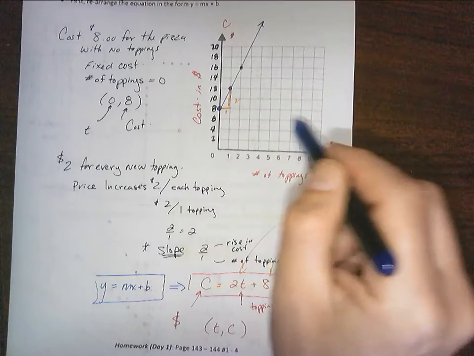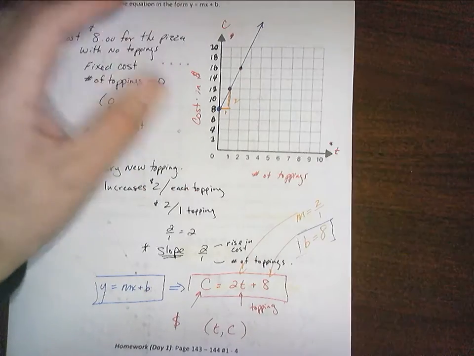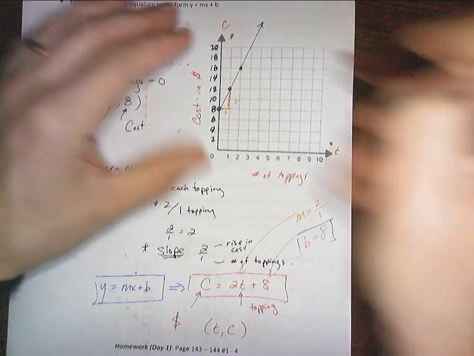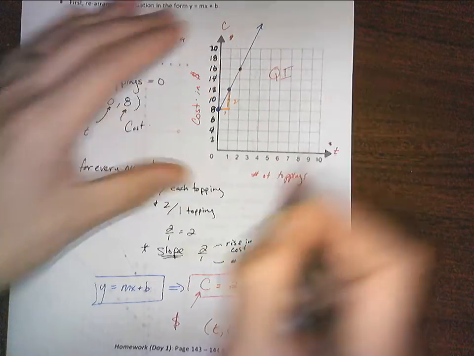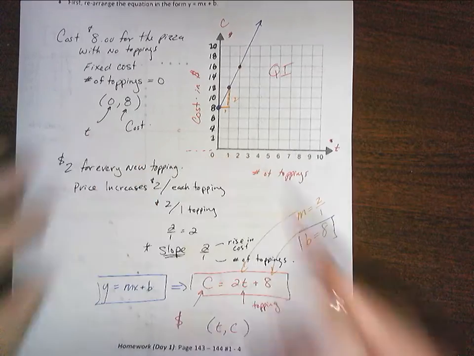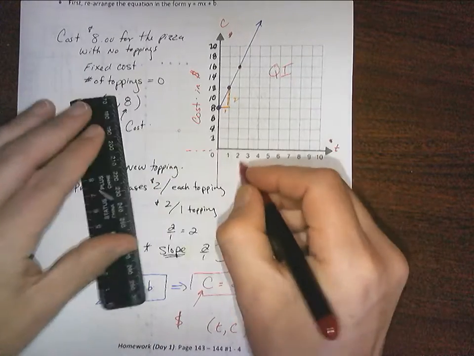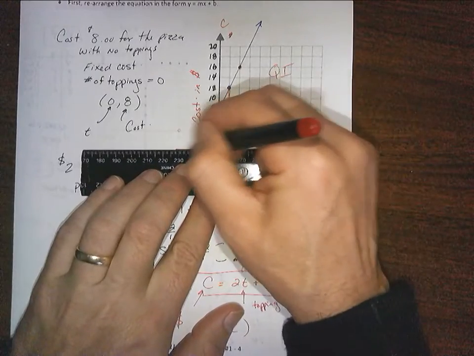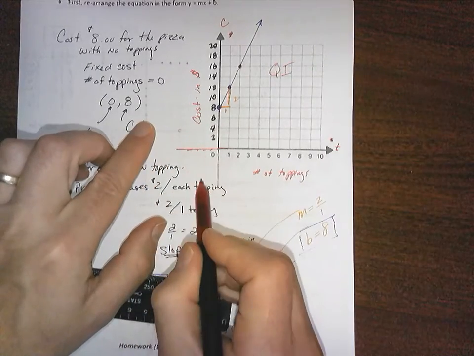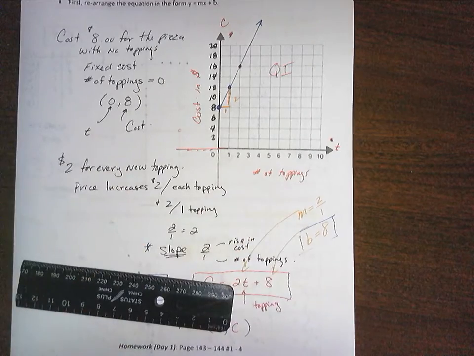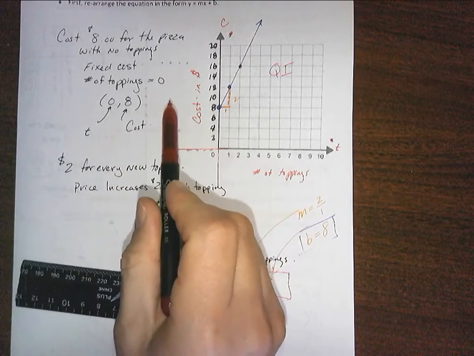When I graphed this, I'm only in quadrant 1. Do you notice? Notice that quadrants 2, 3, and 4 have not been included in this. I haven't bothered to do this quadrant, or this quadrant. Studio audience, why am I not in quadrant 2?